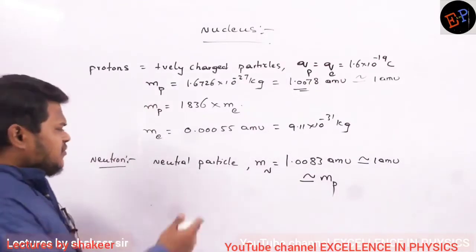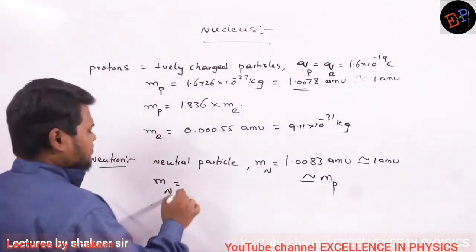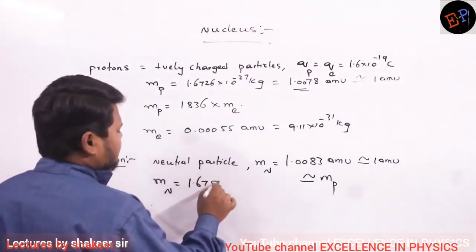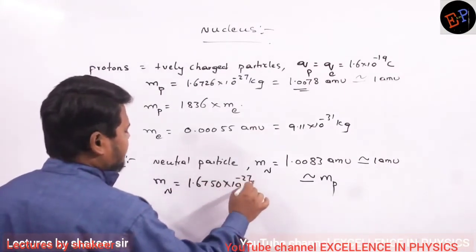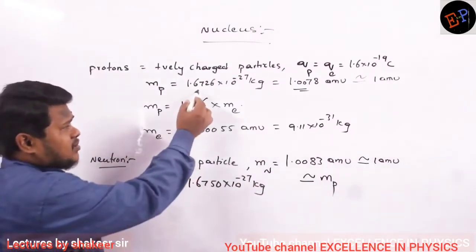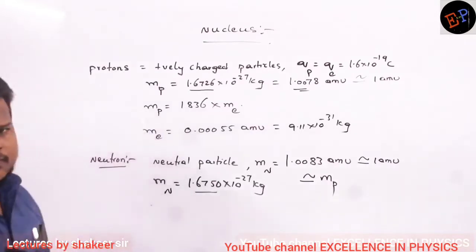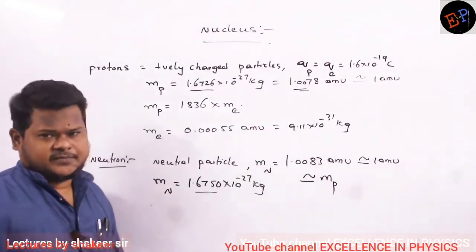In kgs, the mass of a neutron is 1.6750 into 10 power minus 27 kg, whereas the mass of a proton is 1.6726 into 10 power minus 27 kg.